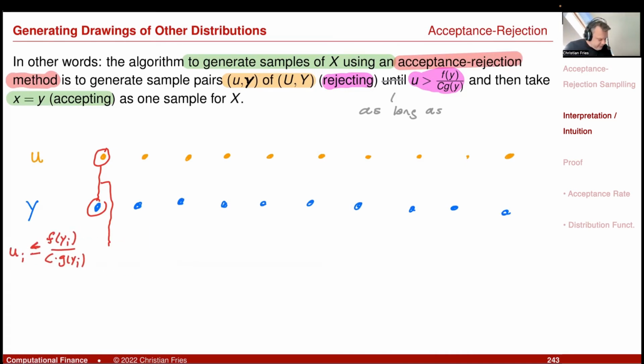So if this here is not the case, then you do not take the point. Maybe you check here again. It's also not the case, so I do not take the point. And maybe here, if you compare these two guys, they fulfill this criteria.